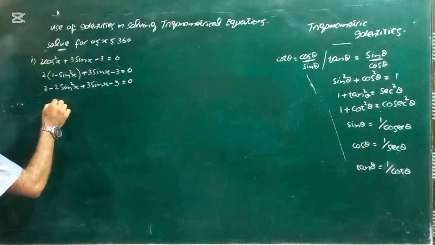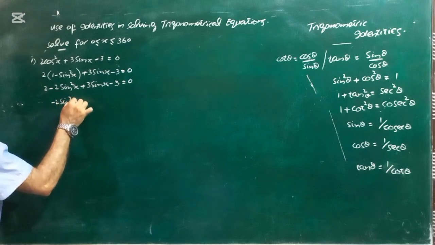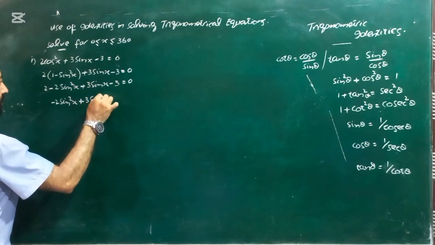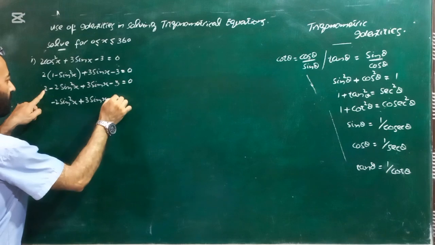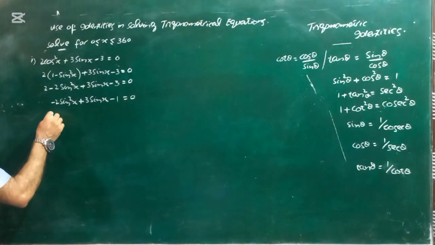Okay, further, minus 2 sin square x plus 3 sin x, and this 2 minus 3 will become minus 1. So take minus common throughout the equation.